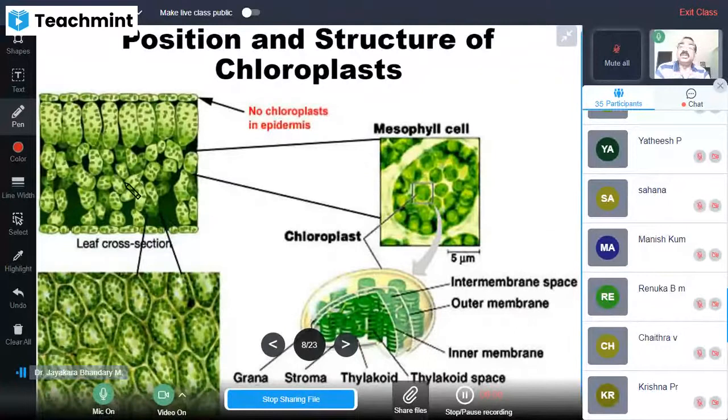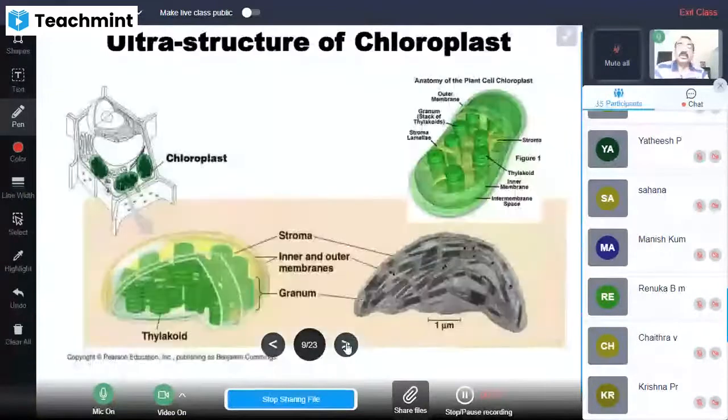So all these green dot-like structures are the representation of chloroplast. They are filled with plenty of chloroplast, and this is a microscopic picture of the mesophyll cell, and all these rounded structures are chloroplast, and this is a detailed structure of a single chloroplast. So this is an enlarged view of chloroplast structure.